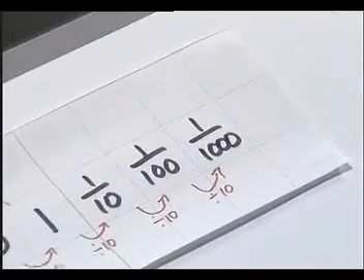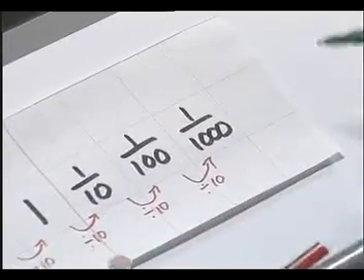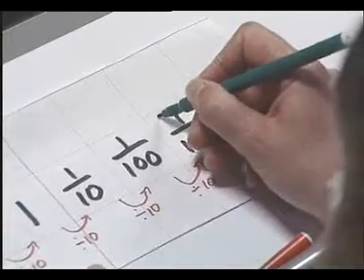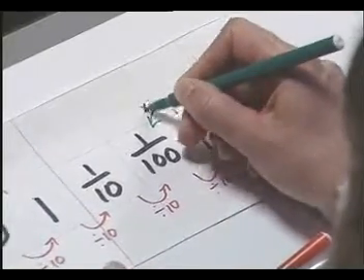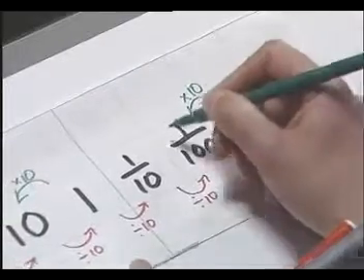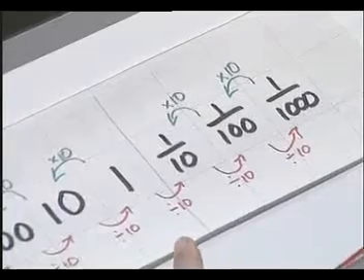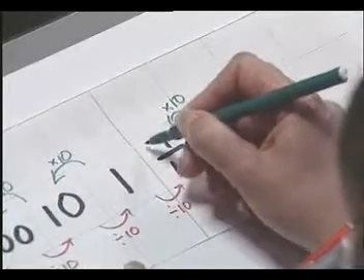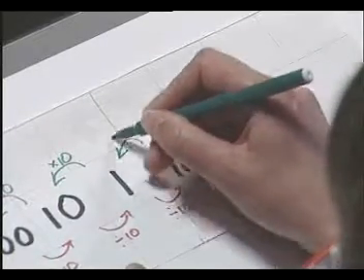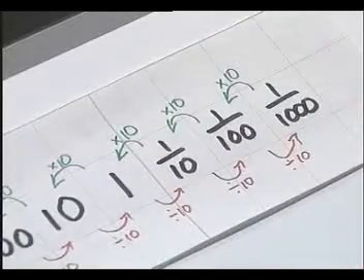And if we just complete what would happen here, if we started with 1/1,000th and multiplied by 10, we would get our 1/100th, and 1/100th multiplied by 10 gets us to a 1/10th, and 1/10 multiplied by 10 gets us to 1.